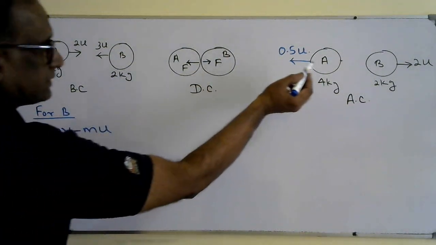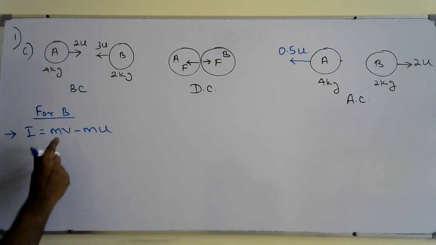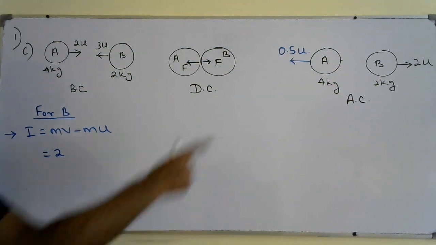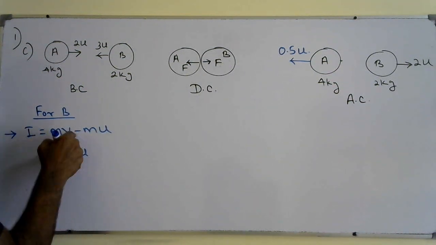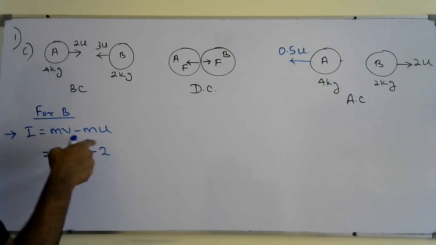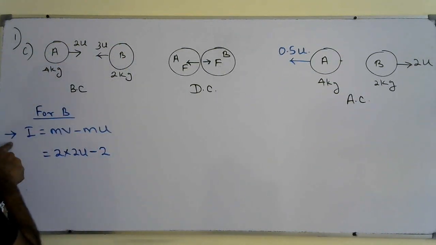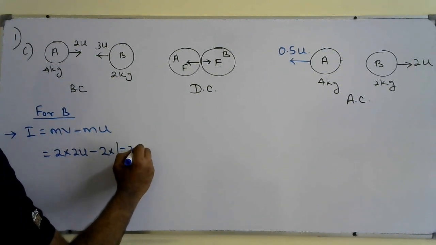After collision, for B, it's towards right. The mass is 2 kilogram, and B has velocity towards right, so 2 into 2u. This minus comes here. Again, the mass is 2 into... before collision, the velocity of B is towards left, and towards right is taken positive, so into minus 3u.